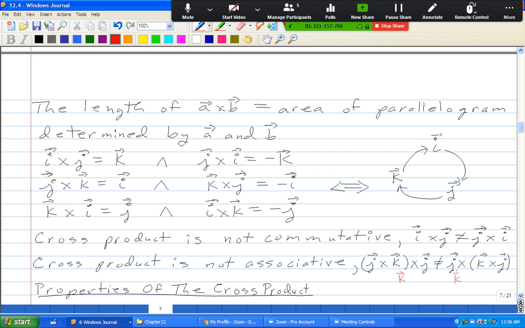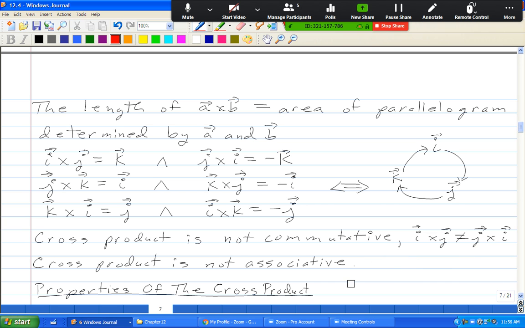That gives you a plus K also. K cross J is minus I, and then J cross minus I is a plus K. Well, hmm. It is non-associative, I guess this one doesn't work.